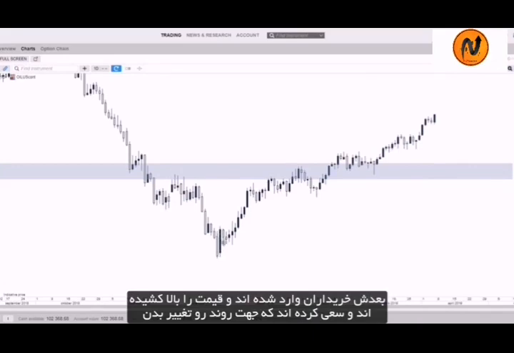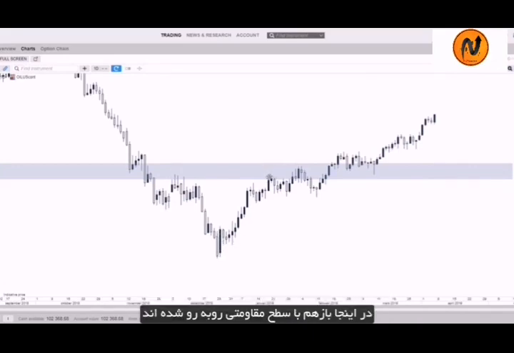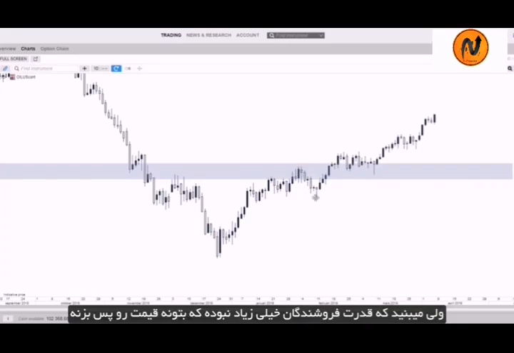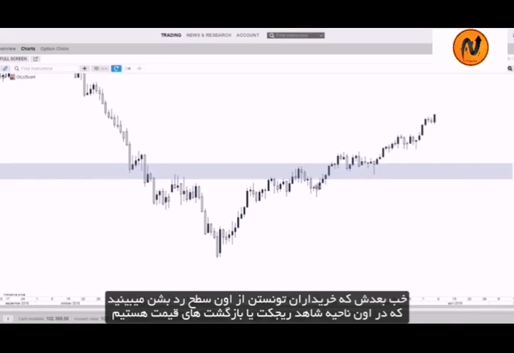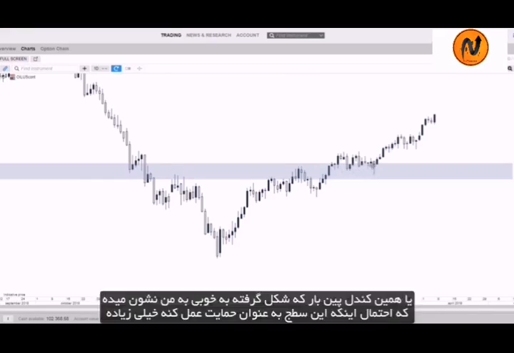When buyers came in here, they reversed price, and here it again found resistance, but there was really no follow through to the downside, right? Then the bulls made a final push through, and again you see all these rejections happening here. Here a large wick to the downside. This told me that, okay, this area is again potentially holding as support.